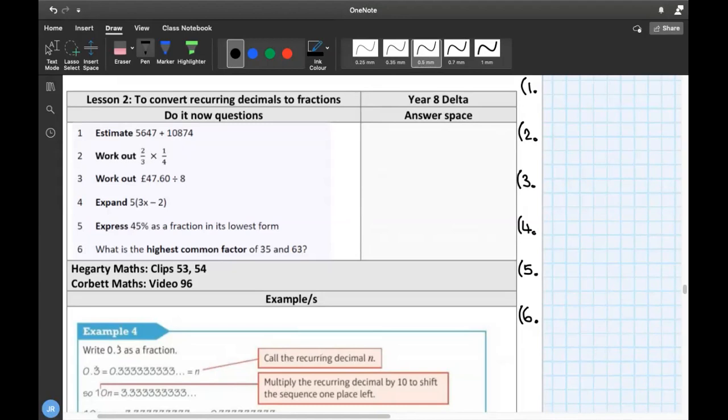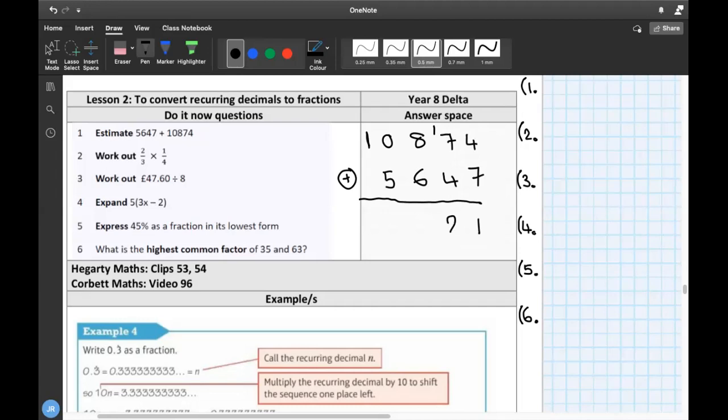Okay, for the first one here, we've got addition. We're going to start with our largest number on top. So we've got 10,874. And then we've got 5,647. Just make sure that everything is nice and in line in its columns. And then we're ready to get adding. 4 add 7 will give you 11, carry the 1.